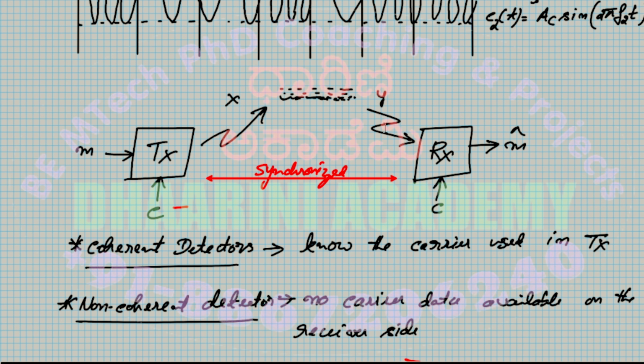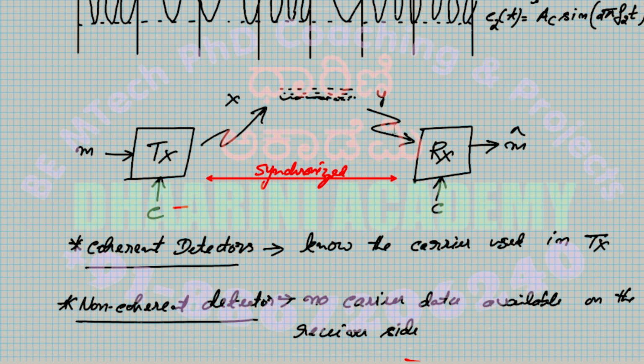Right, now coming to the design of our communication system, depending upon what type of receiver you have, there are two broad classes. First is called coherent, the second one is called non-coherent. Generally, coherent is the word used whenever you know something, right? So there is a synchronization between the transmitter and the receiver, which is called coherence. They work in coherence, indicating that the carrier used on the transmitter side is known by the receiver.